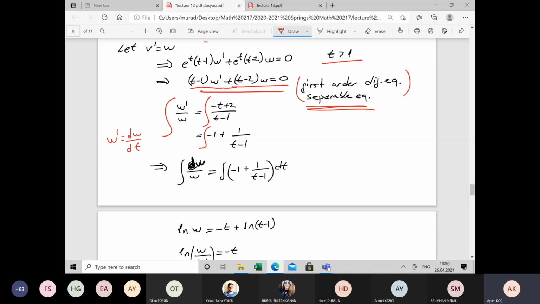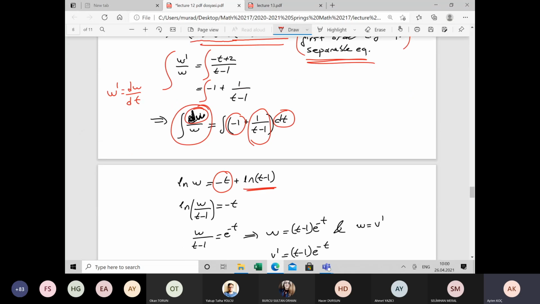Rewriting, we obtain ln w on one side, and on the other side minus t, and the integral of 1 over t minus 1, which is ln of t minus 1.